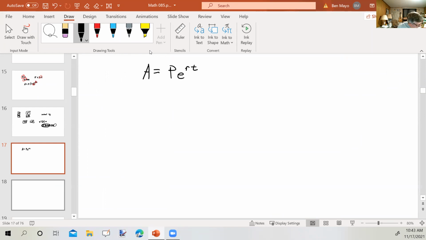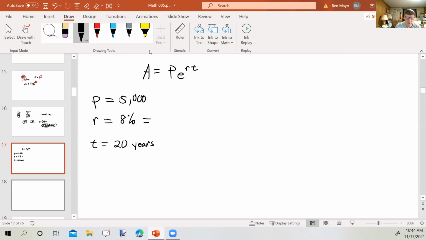It says, find A using this formula, given the following values of P, r, and t. Round to the nearest hundredth. So if P is 5,000, r is 8%, and t is 20 years.